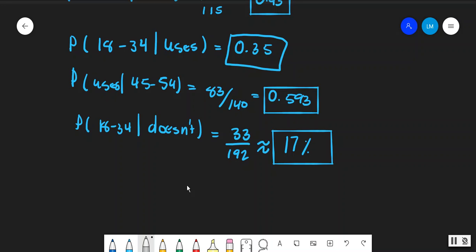You'll see this on some of the review problems where it might say, for example, what's the probability that you have a flight that leaves on time, or what is the probability that a flight had been canceled given that it was already delayed. So those are some examples where you might use your conditional probabilities. Okay.